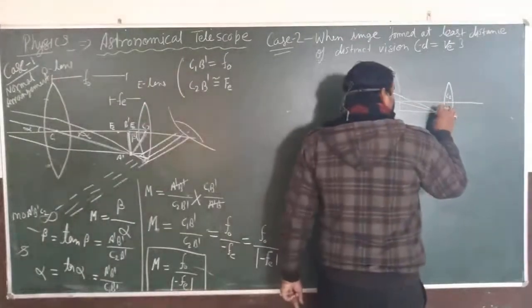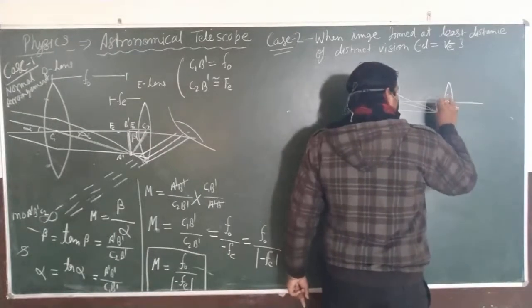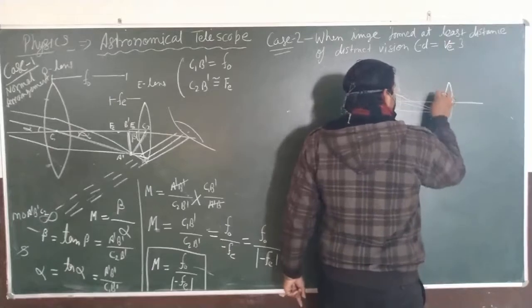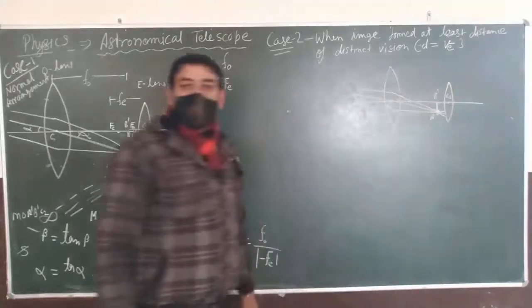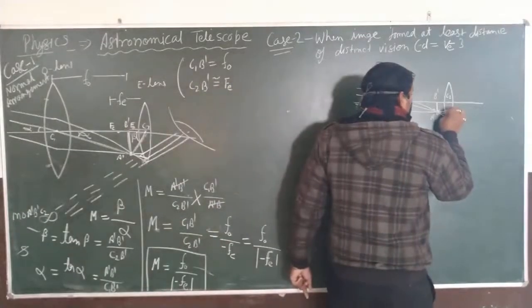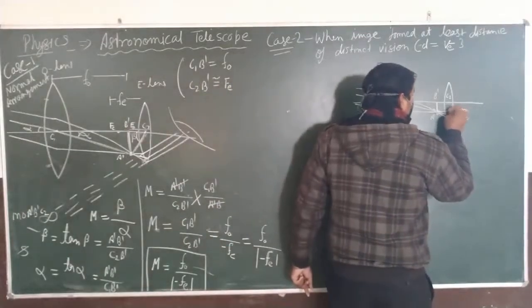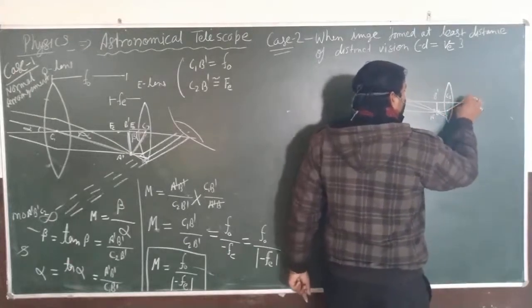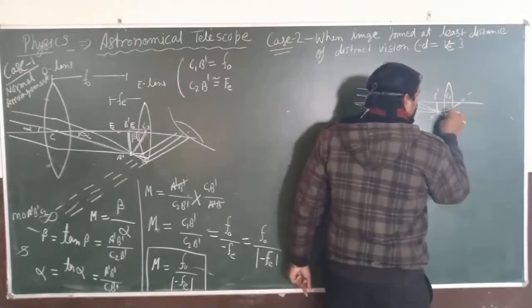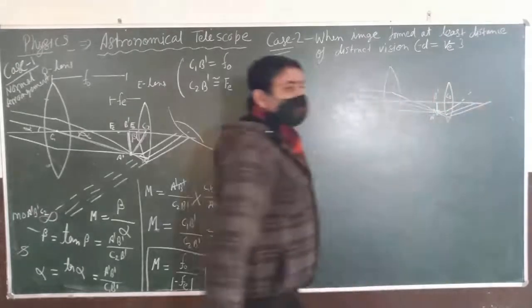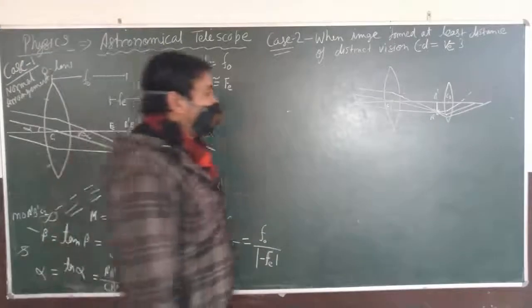Therefore, this is the value of A dash B dash. Okay, now this ray after refraction goes deviated. These rays are moving but not parallel to each other after refraction.